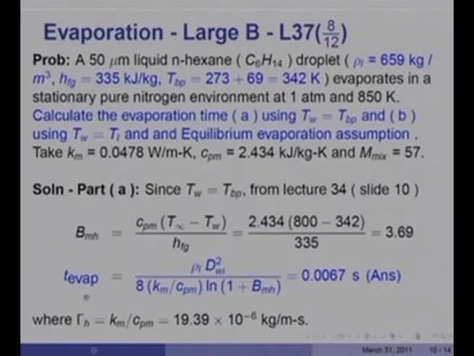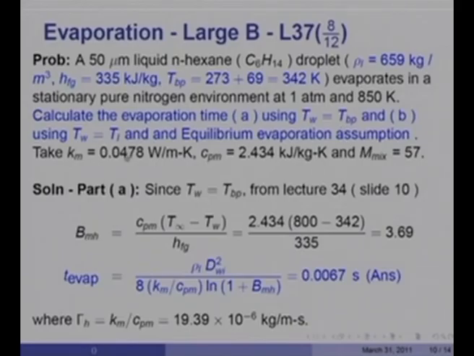And therefore, evaporation time would be rho L into d0 square by 8 times Km by Cpm into ln 1 plus BMH, equal to 6.7 milliseconds. Remember, gamma h is Km by Cpm, and that would be 19.39 into 10 raised to minus 6. So, it takes 6.7 milliseconds when the droplet is initially at its boiling point.